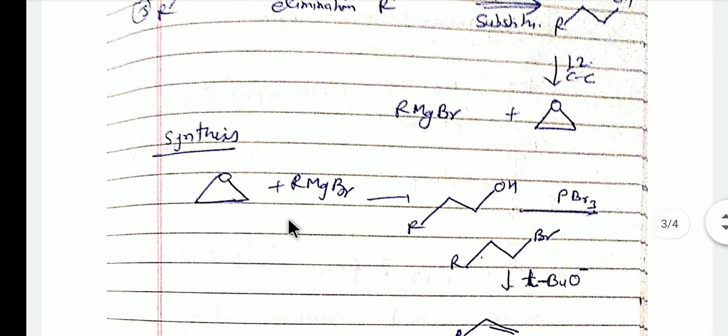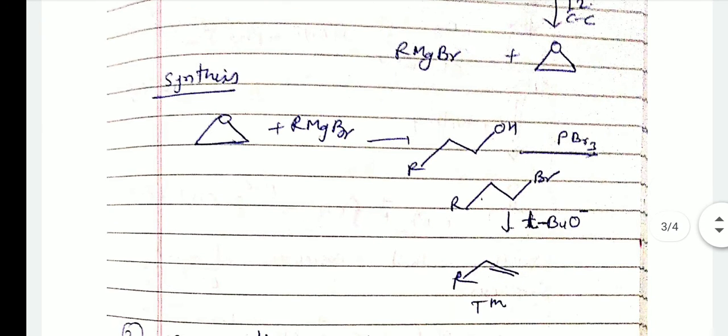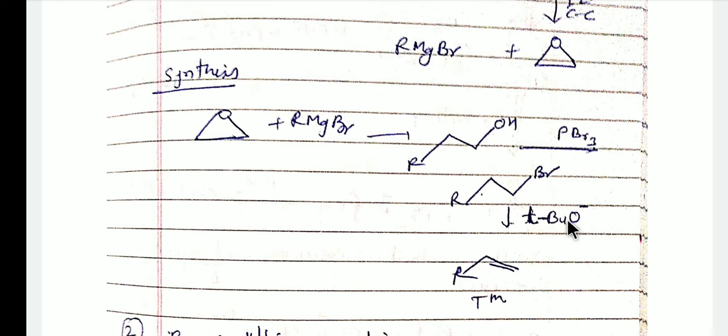Now the synthesis of this target molecule. In the reaction of epoxide with RMgBr, the ring is opened and we get this alcoholic molecule. This molecule reacts with PBr3, substitution takes place, OH is replaced by Br, and on reaction with tertiary butoxide, hydrogen and bromine are both removed: Br is removed, and from here H is removed as H plus.